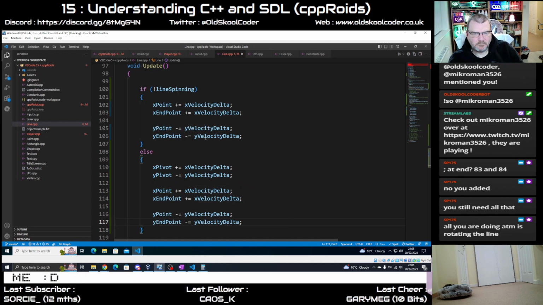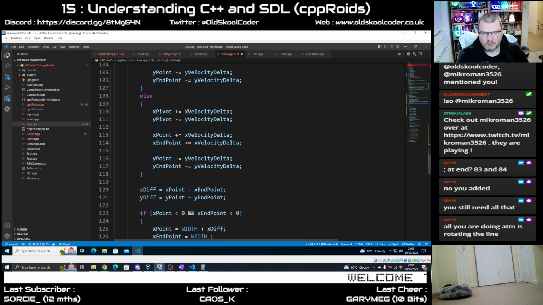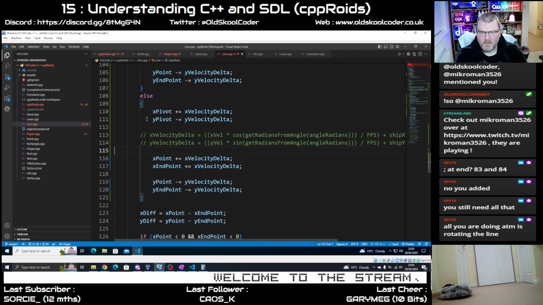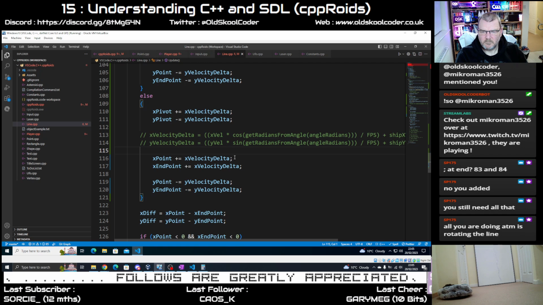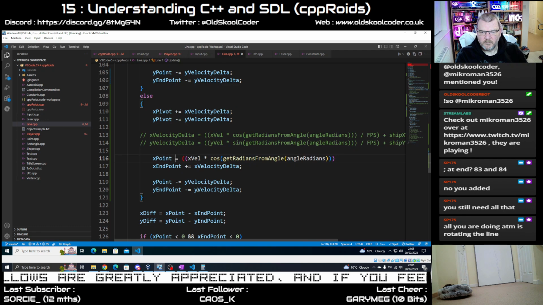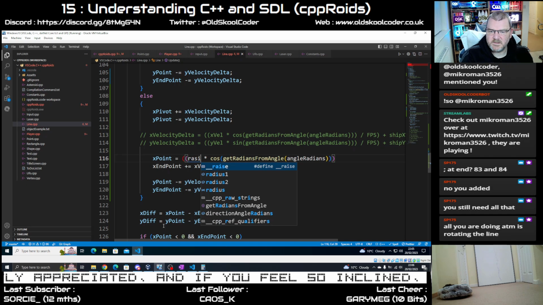Right. So X, so that is going to be a radius 1.